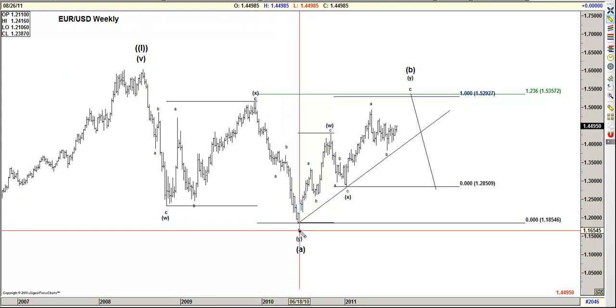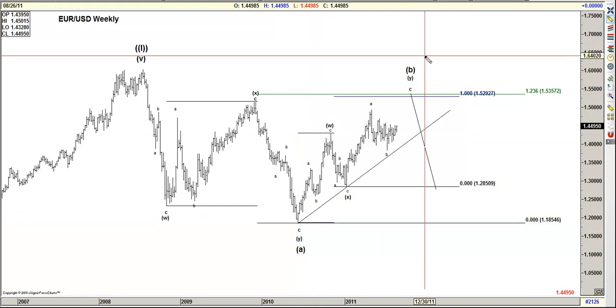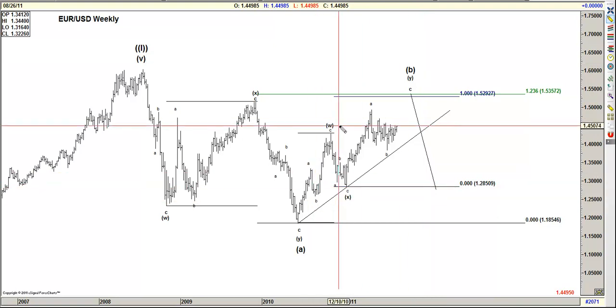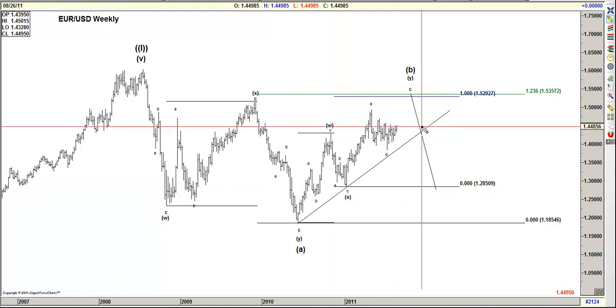So what I'm telling you with that is, if this is the low, then this needs to be an impulse to the upside. What else can it do? We got a three-way here in the euro, which is telling me it's not an impulse unless it's a leading diagonal.